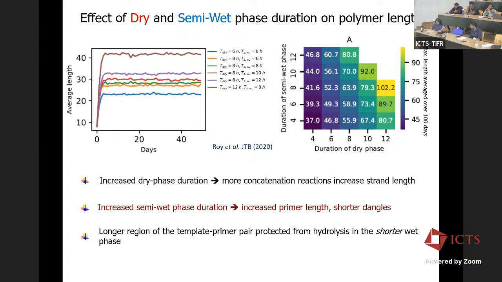So you want the template size to keep growing, which is why you need the concatenation process, which is favored during the dry phase. But you also need the fast-acting template-directed primer extension process, which is why a larger semi-wet phase favors polymers which have longer length.